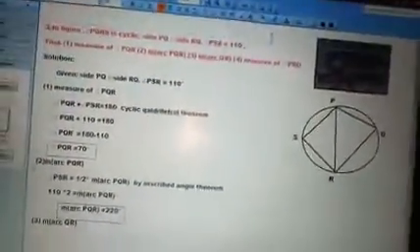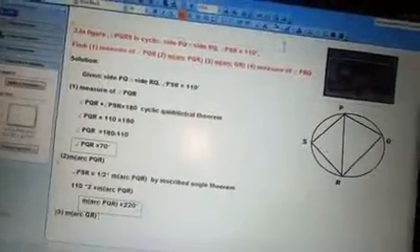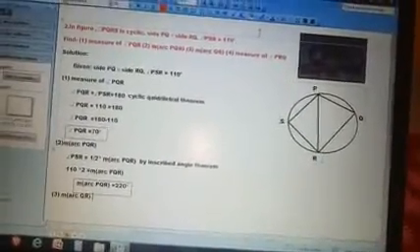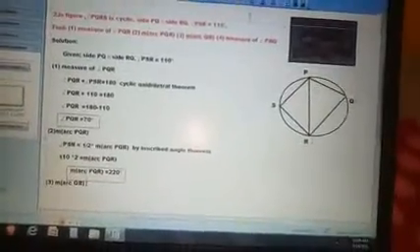In the diagram you can see the QR arc. It is intercepted by angle P, the inscribed angle.